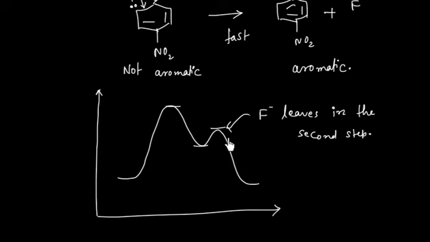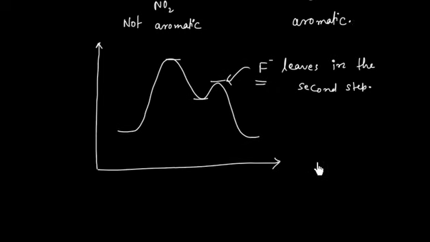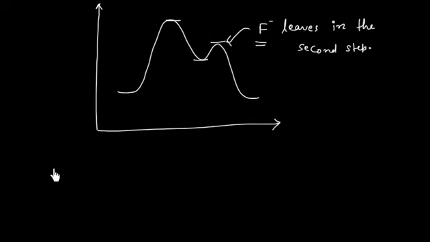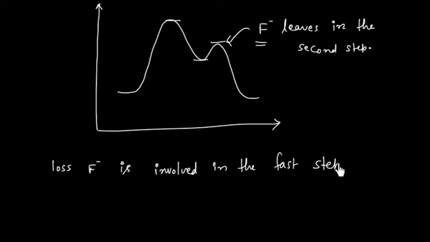Since this step is faster step, loss of F minus does not control the rate of reaction. So loss of F minus is involved in the faster step, so it does not control the rate of reaction.